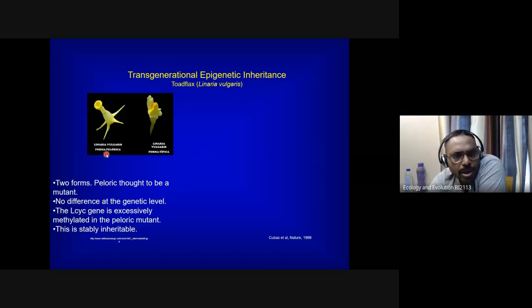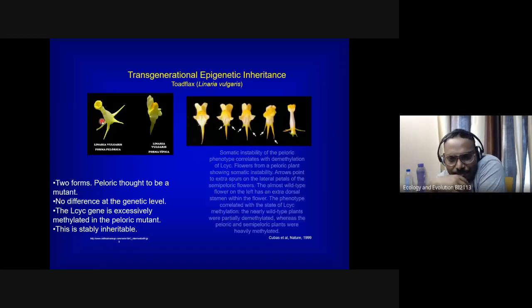Now, in plants, the flower morphology was supposed to be handled by this gene called L-Sic, and when they did epigenetic sequencing of these, they found that the L-Sic gene of this form is actually excessively methylated, and interestingly, this methylated pattern is very, very stably inheritable across generations, which is why people were thinking of the whole thing as genes. Now, when they studied it in detail, they found something really fantastic.